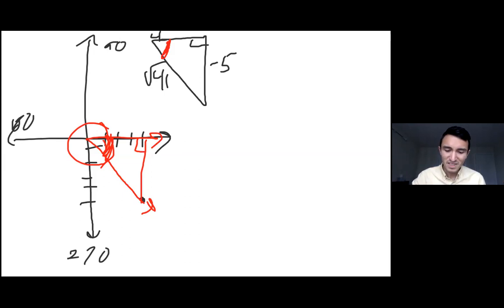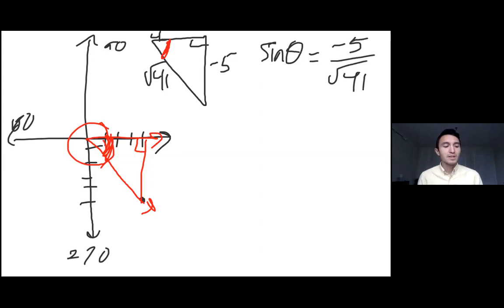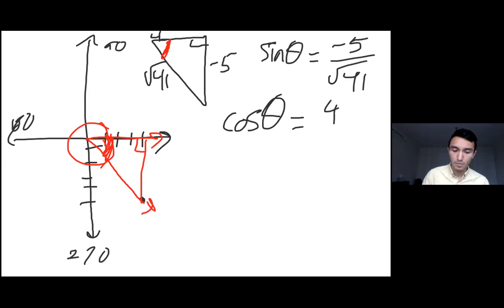So the sine of that, the opposite side, is the y value, which is -5 over square root of 41. And then you get rid of the square root, but let's just write them out for now. The cosine is the x value, which was 4. Remember, our point up here was 4, -5.